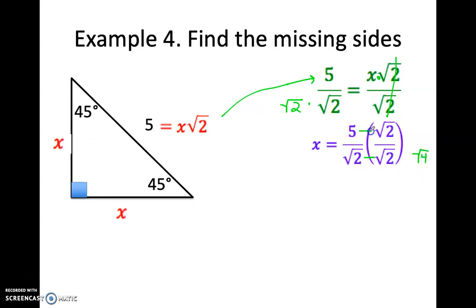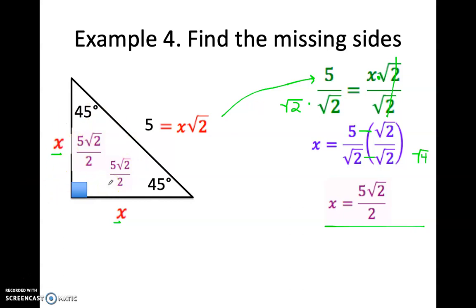These two, when you put them together, 5 stays outside, the 2 stays inside, and it looks like this. 5 square roots of 2, and the bottom became 2, and this is done. So now we're going to replace these x's with this quantity, 5 square roots of 2, 5 square roots of 2. Here are our answers right there. These are exact answers, no decimals.